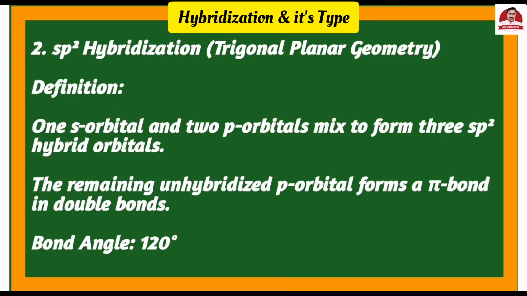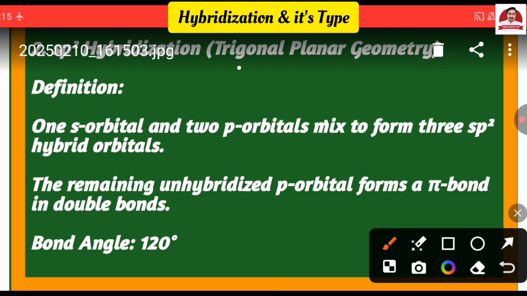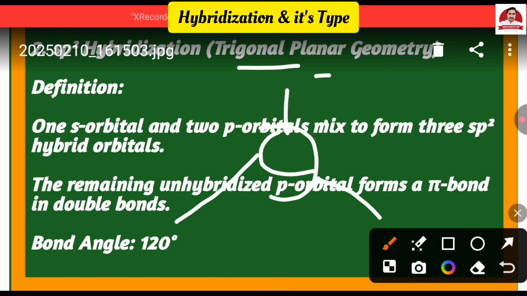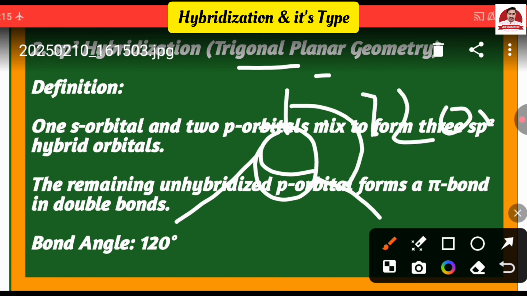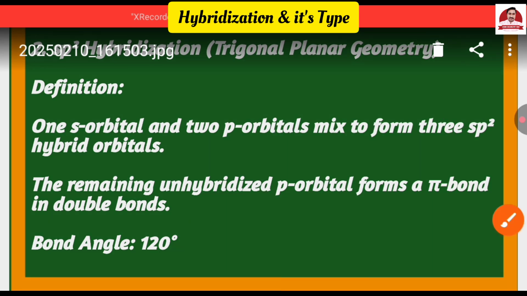Next type of hybridization is sp2 hybridization. In the sp2 hybridization, the geometry is trigonal planar, that is a central carbon atom, and each bond has a 120 degree angle. So first we will discuss what is sp2 hybridization.